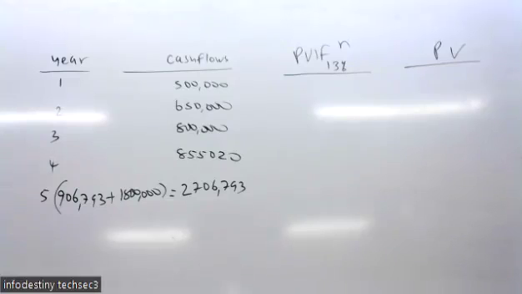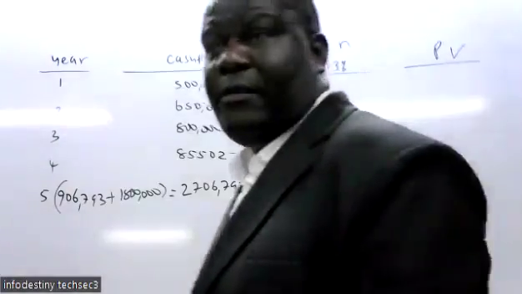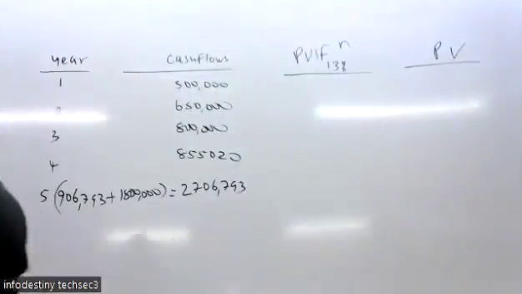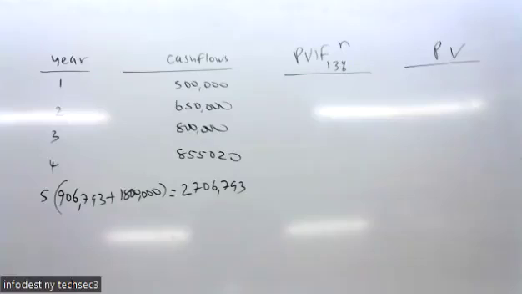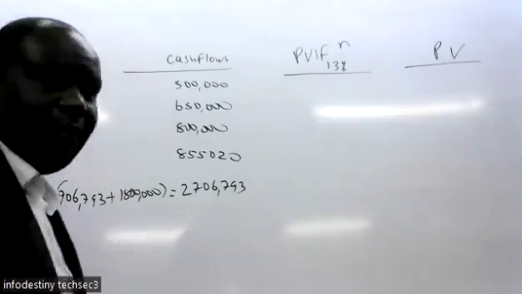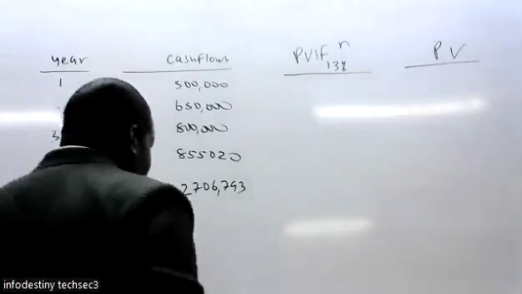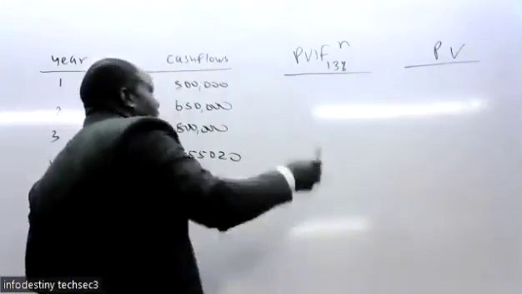So go now to the table. What is the 13% year one? I want you to check in the table, 13% in year one. So we are using the first table. What is 13% in year one?